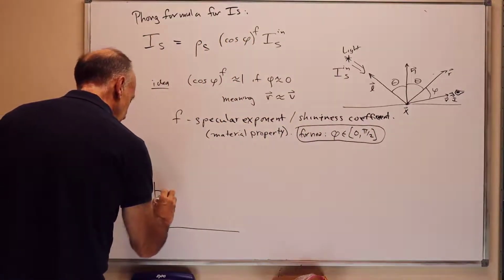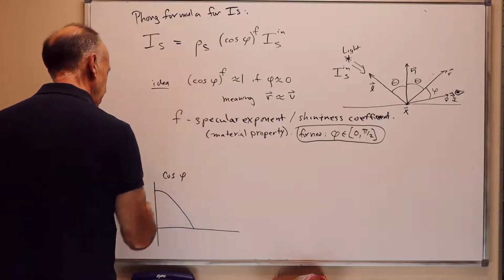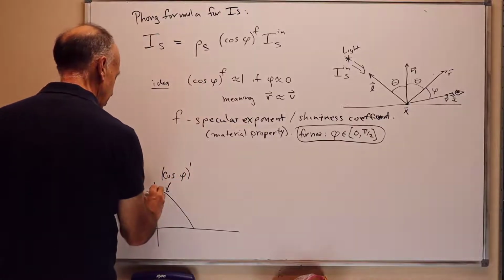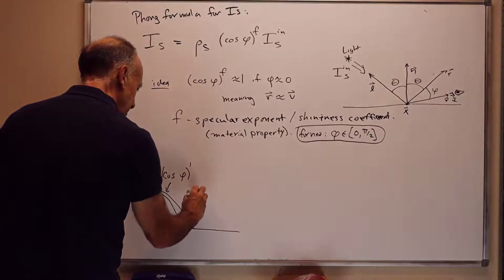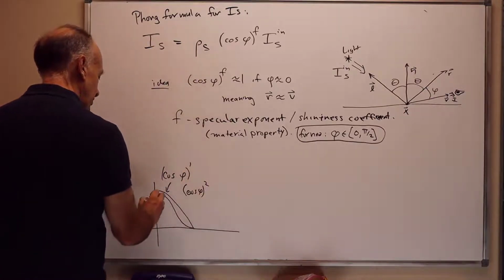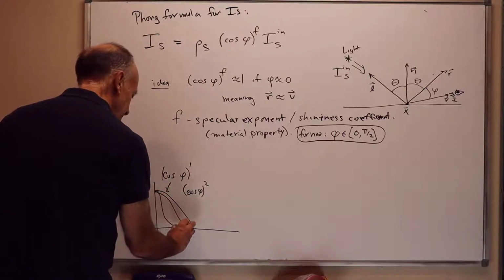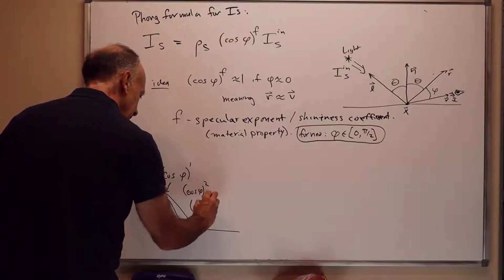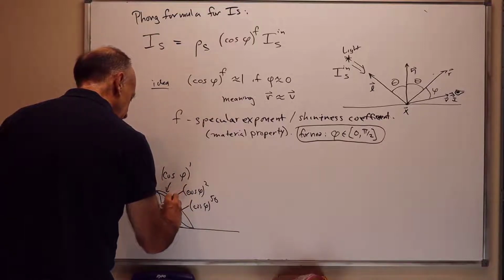So here's our cosine function, cosine of phi, and that's like cosine of phi to the 1, right? If we take cosine of phi squared, it's going to look something like this. The first one would be f equals 1, here's with f equals 2. If we took f equals 50, cosine of phi to the 50 is going to look more or less like this.